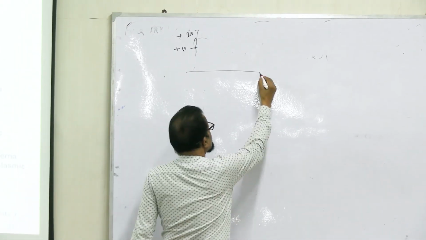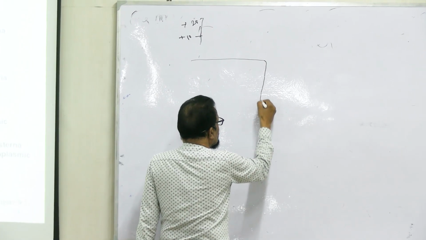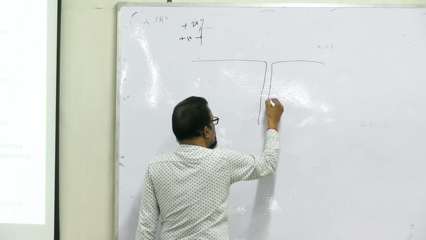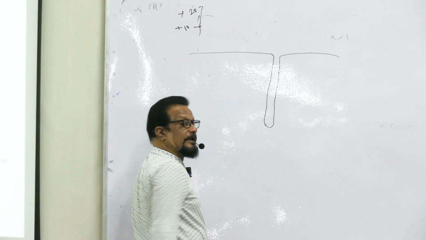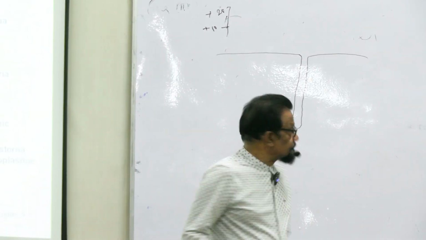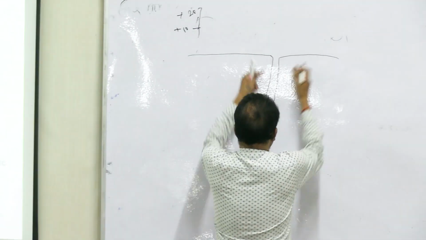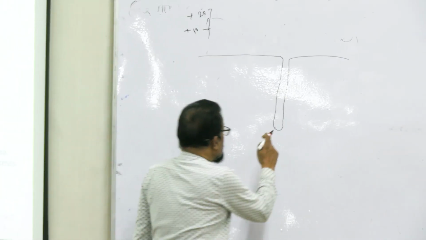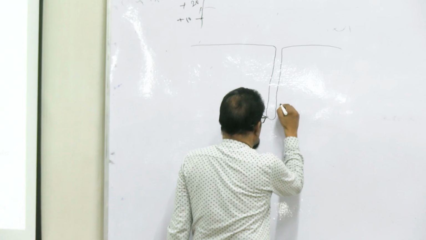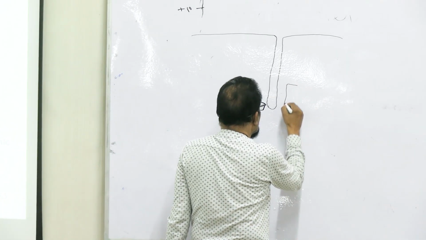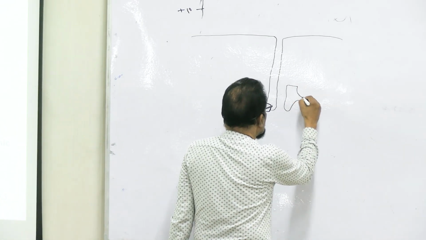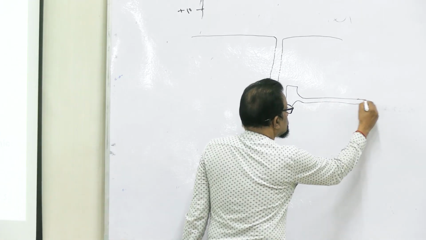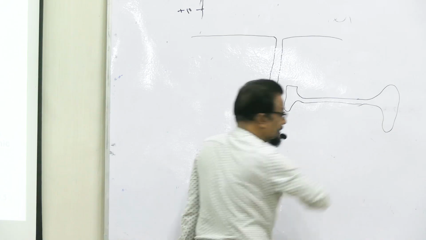Sarcolemma, T-tubule. So this is actually the sarcolemma. Now they will be coming close to the sarcoplasmic reticulum. This is simplified.